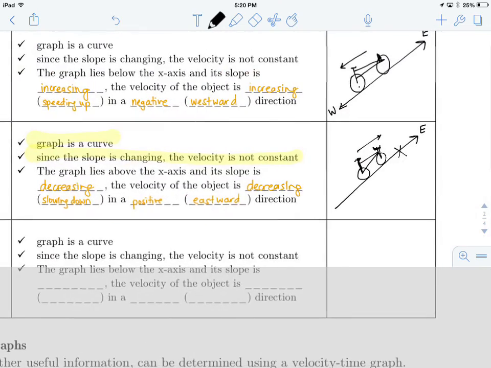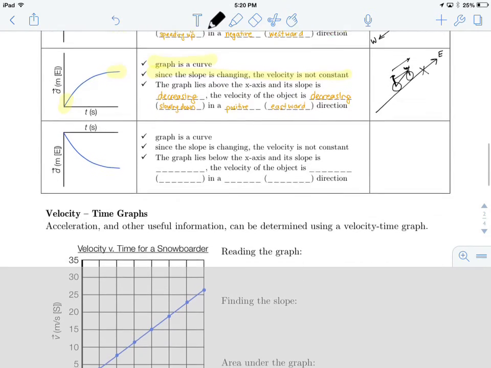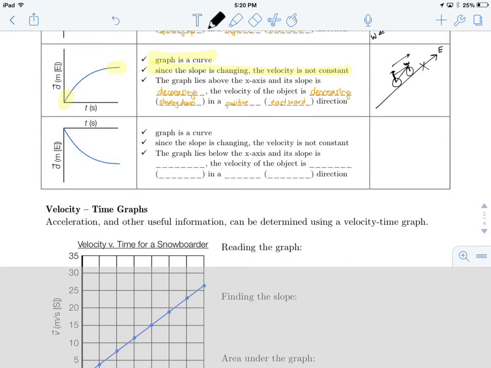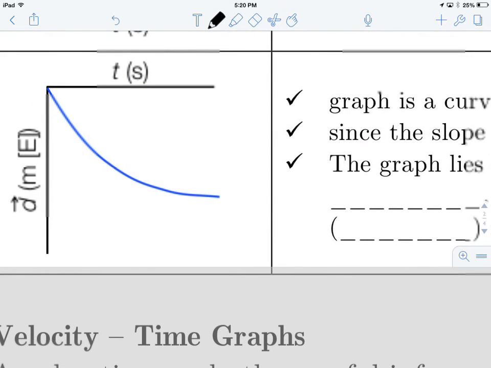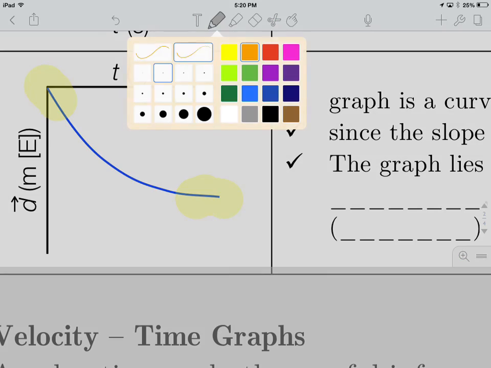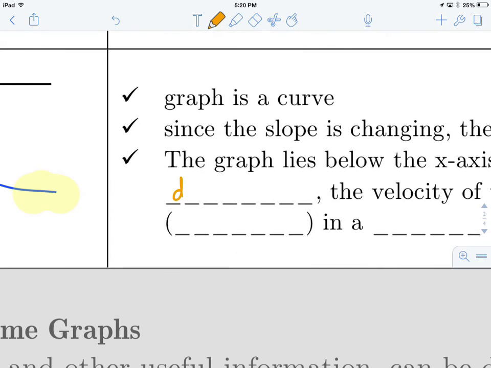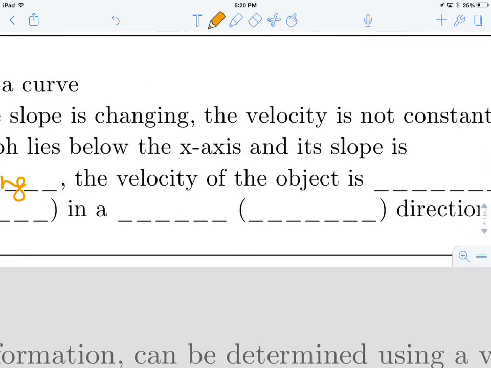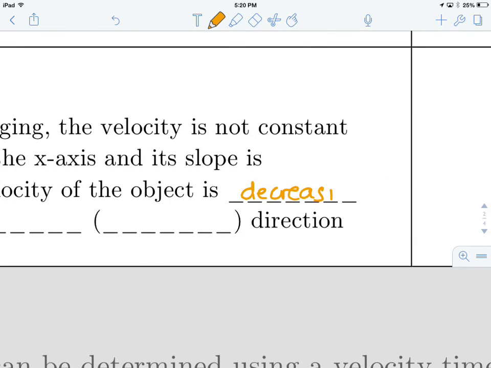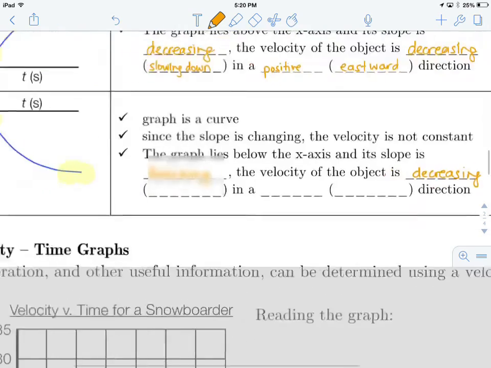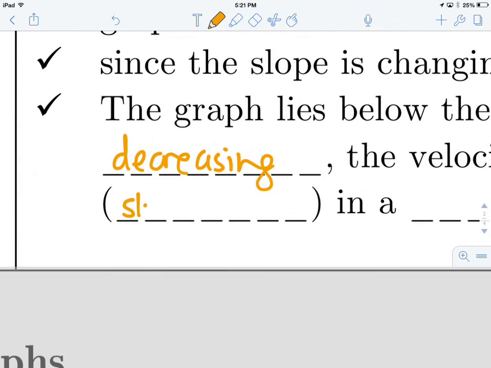All right, the last one, you can probably imagine what it is. Again, it's a curve with a changing velocity. Here, the slope starts out big and ends small, so the slope is decreasing. Which means the velocity of the object is decreasing, or in other words, it's slowing down.